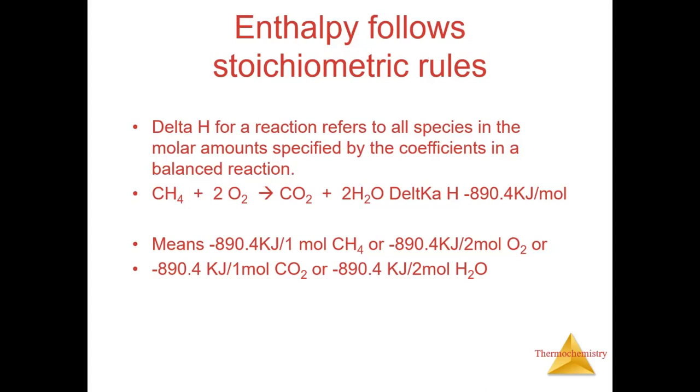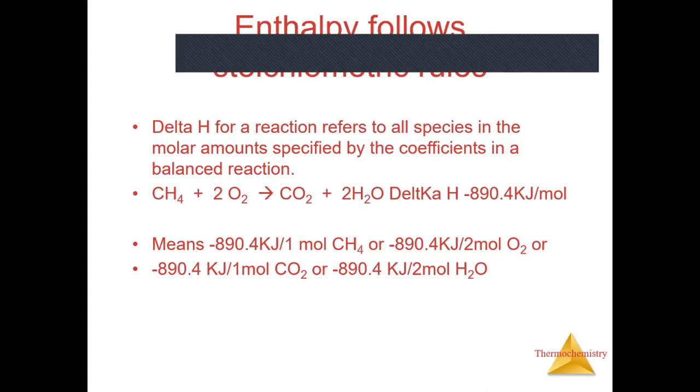That means if I take methane and add oxygen to it and make carbon dioxide and water, and I measure this out at 890.4 kilojoules per mole, what this 890.4 kilojoules per mole means is that in order for my reaction to go, don't I have to have 2 moles of oxygen? Guys? And don't I have to create 2 moles of water?